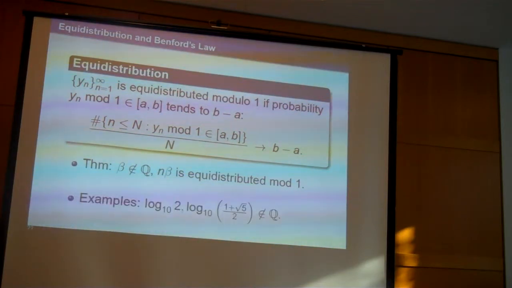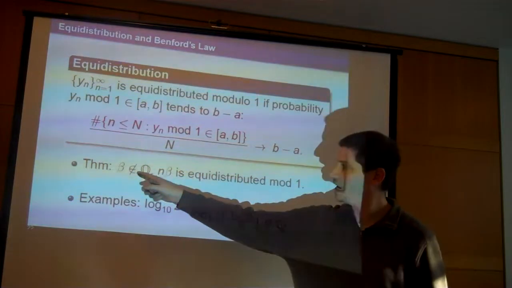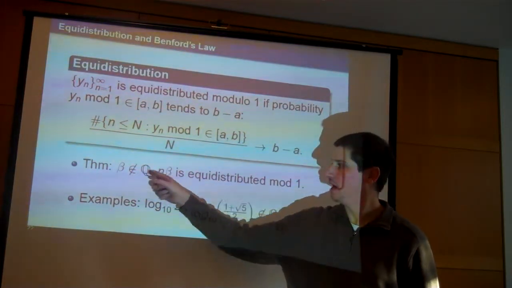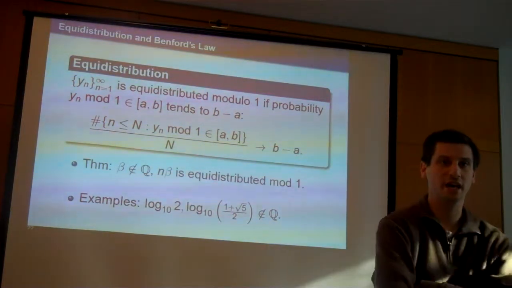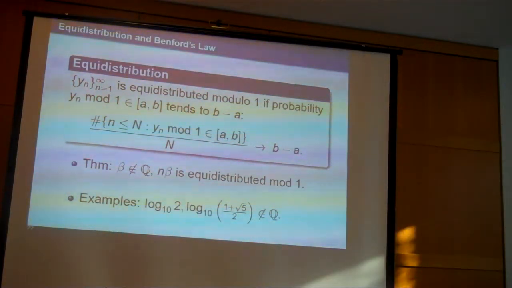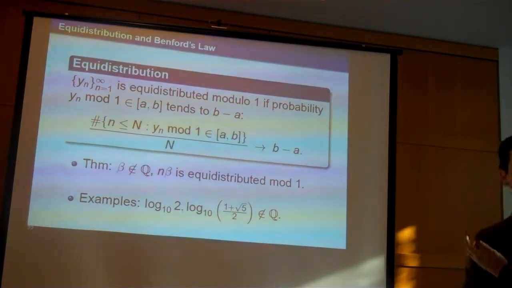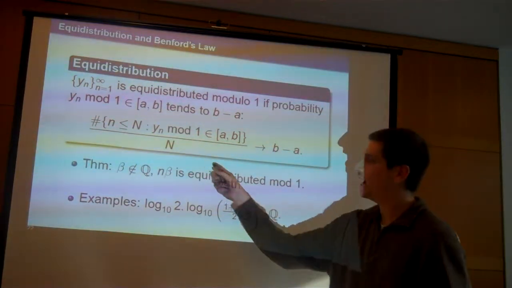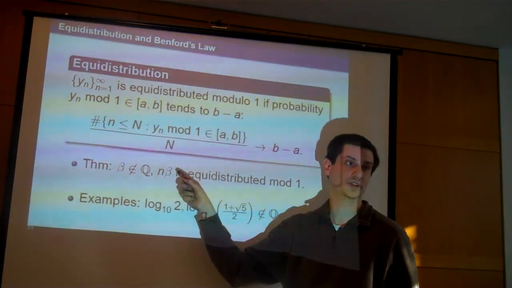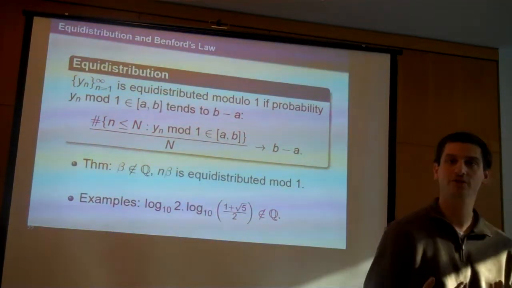And so it turns out a big theorem is that if you choose any irrational number beta, then the fractional parts of n beta are equidistributed, uniformly distributed, evenly distributed. We talked earlier today about how continued fractions can tell you how irrational a number is. That will actually tell you how quickly this becomes evenly distributed. It will give you some idea of how long you have to wait.